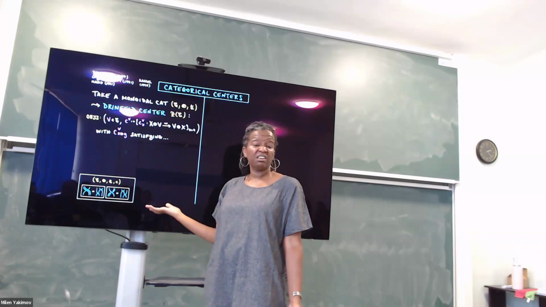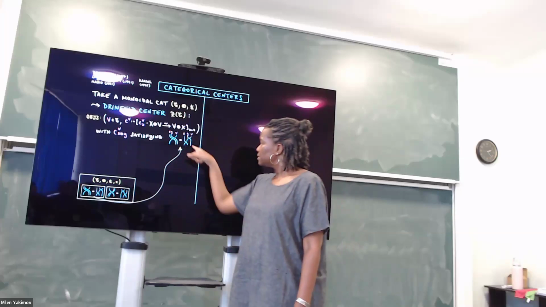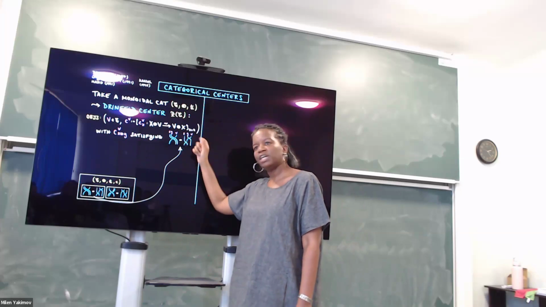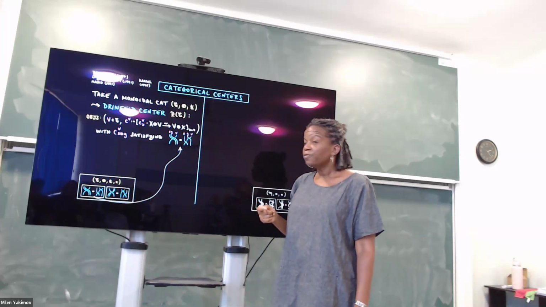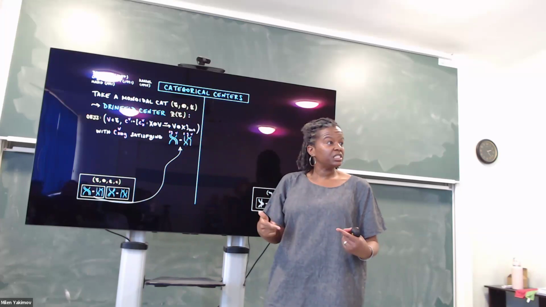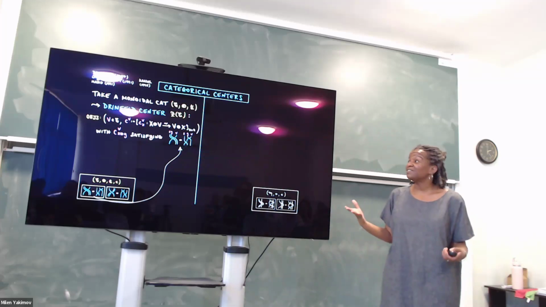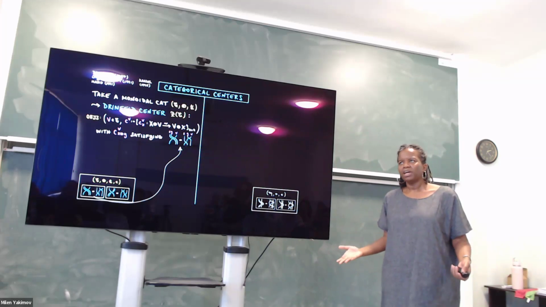That has to satisfy something, and it's going to satisfy that picture. Okay, so swapping X tensor Y over V is the same thing as swapping Y over V and then X over V. Okay, so those are the objects. Morphisms are going to be morphisms in C that are compatible with this natural isomorphism. That at least gives us that Z(C) is a category. It has to be a braided monoidal category.